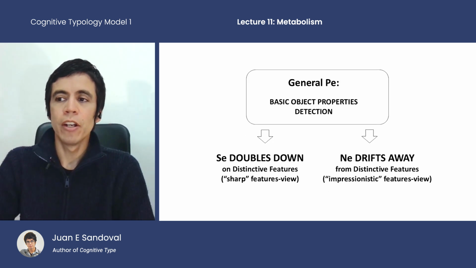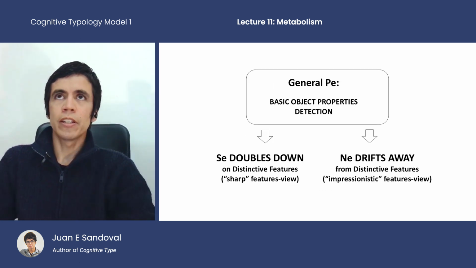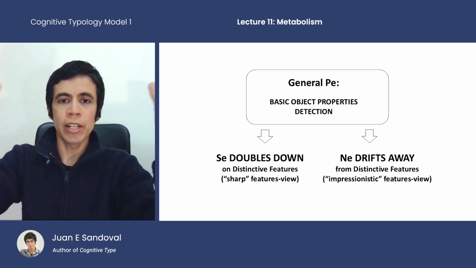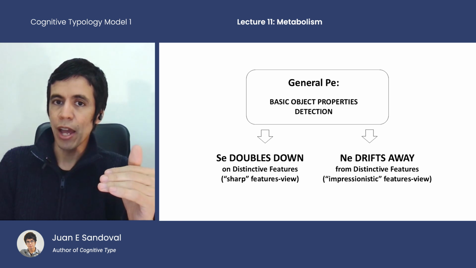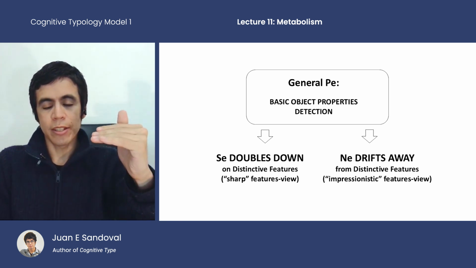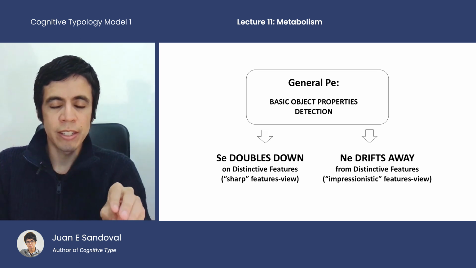Versus SE, it, like NE, takes in the information of the world, so it has concrete data input like here, but then it kind of doubles down on that. And so what it does is it looks deeper and keener into information for greater distinctive features.